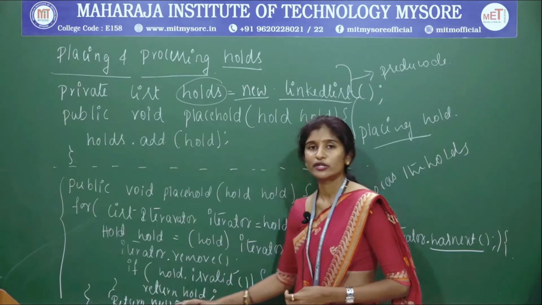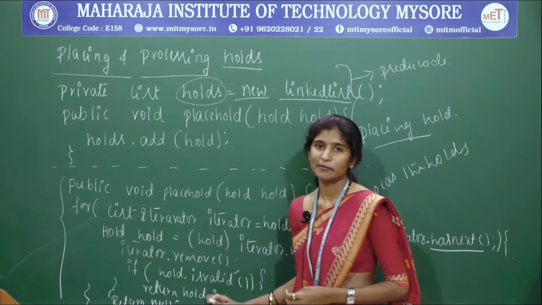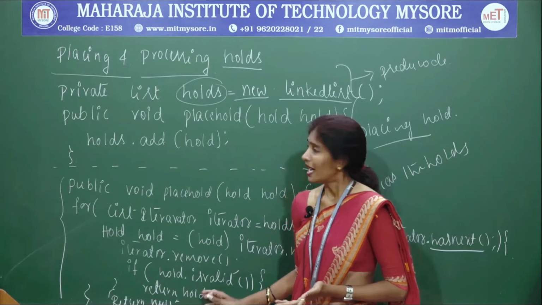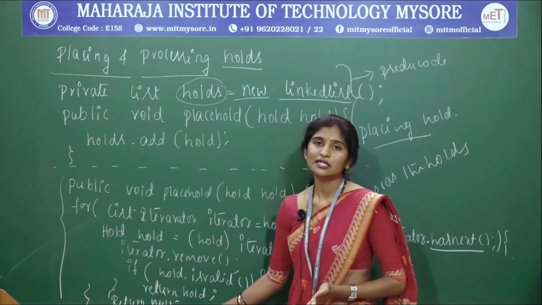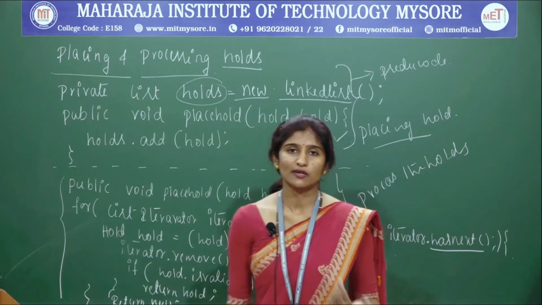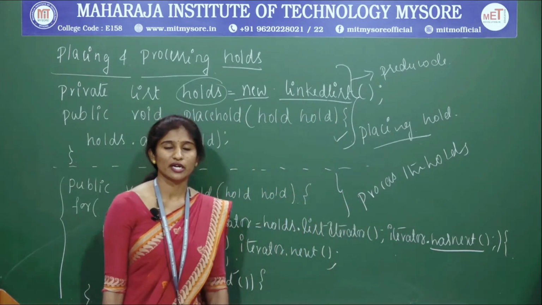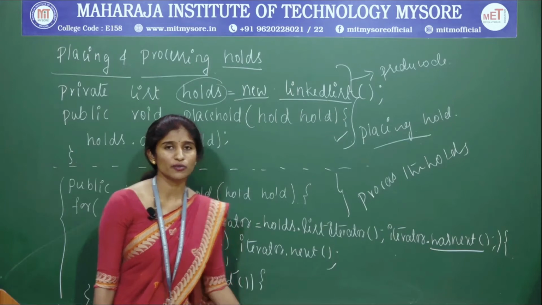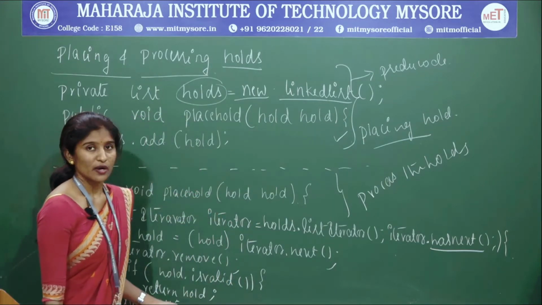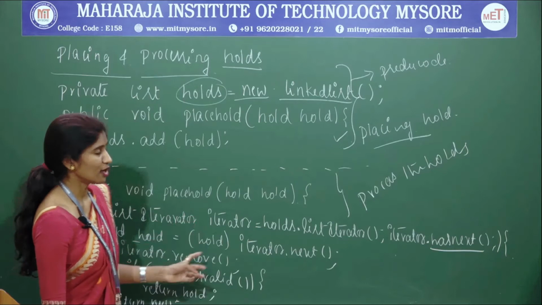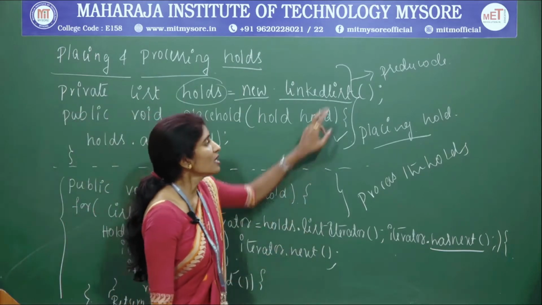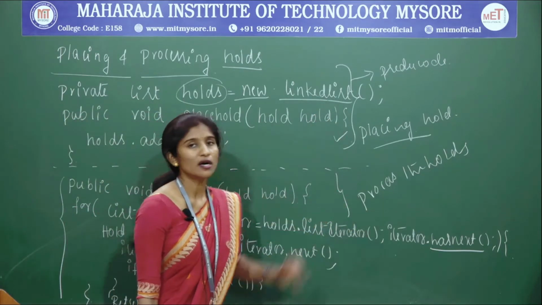After that it is going to return that hold, meaning it will be issued to the person who requested it. Otherwise it is going to return null, meaning there are no values for the hold. There may also be exceptional cases where you can return null. So that is a small piece of pseudo code to place a hold and process the holds.